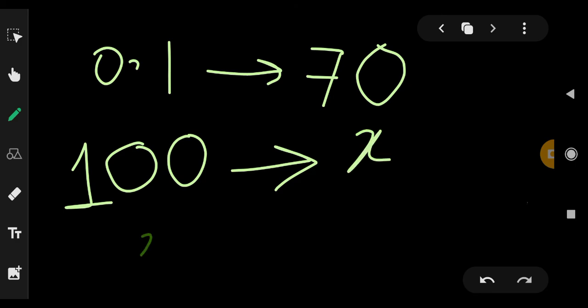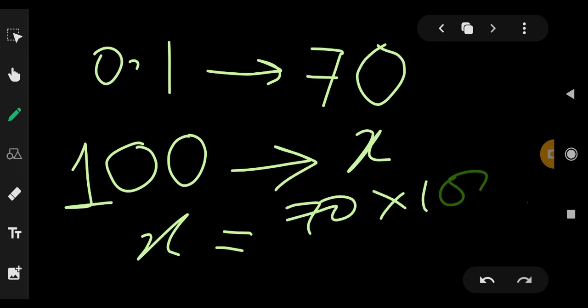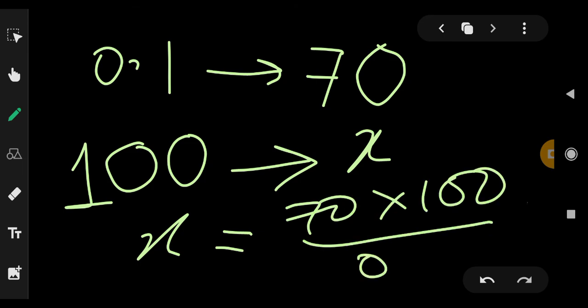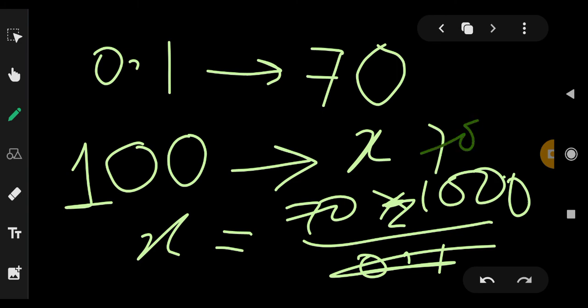When you cross multiply, you get X is equal to 70 into 100 upon 0.1. Okay, when you divide this, this will become 1000, this will get cancelled, and 70,000 will be your answer. So you get your answer that in 100 ml blood there will be 70,000 RBCs.